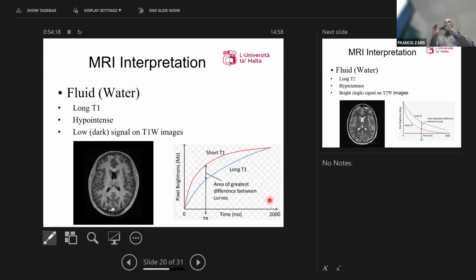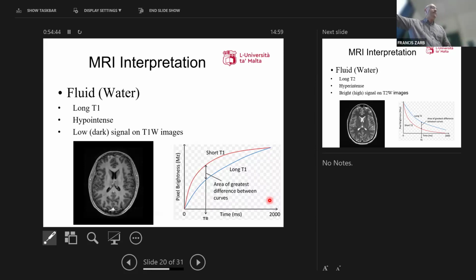Mela, ħanerġgħu morru lura daqsxejn fuq water, fluid. Fluid has a long T1. Mela, the T1 relaxation time is long. Mela, water. Huwa il-blu jew l-aħmar? Il-blu, għax idum iktar biex jitla. Long T1.